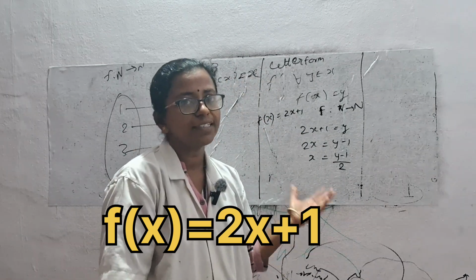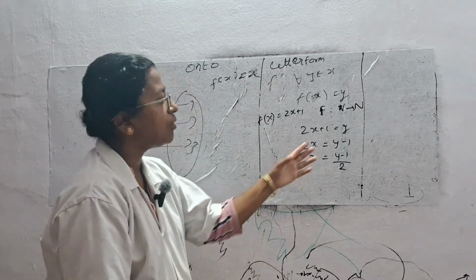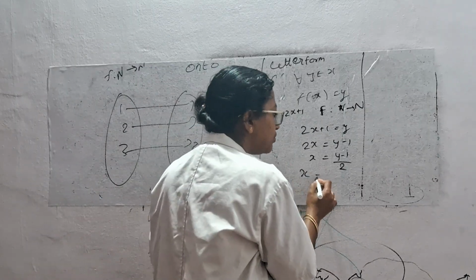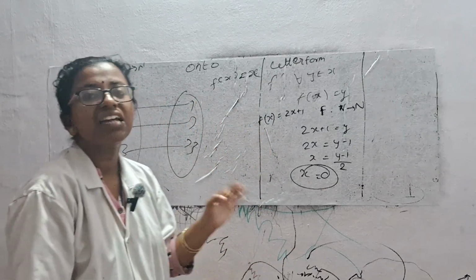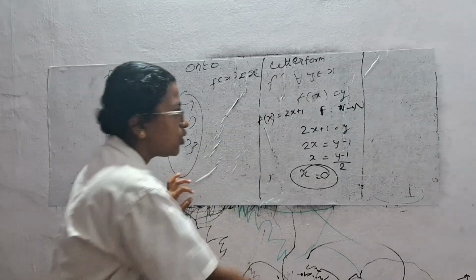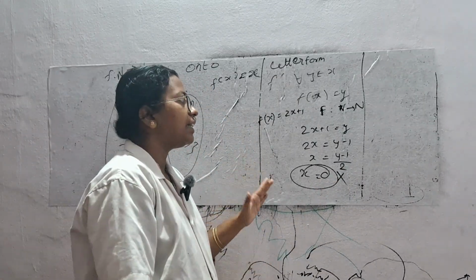So x to y. n is a natural number, meaning 1 onwards. If I put y equal to 1, 1 minus 1 is 0, so x comes 0. Is x equal to 0 allowed? No. x is a natural number, and natural numbers do not contain 0. So it is not onto. Likewise, we can prove it in letter format.